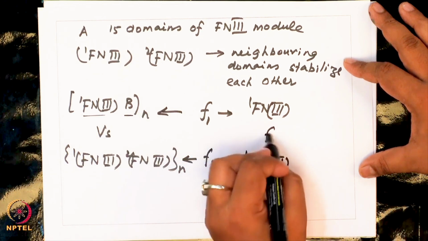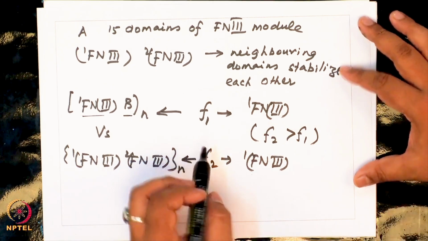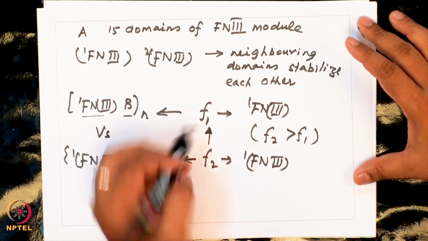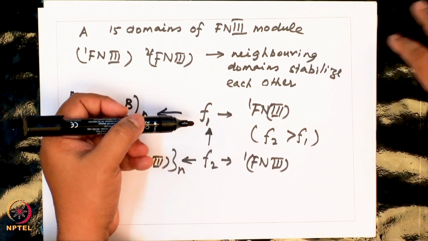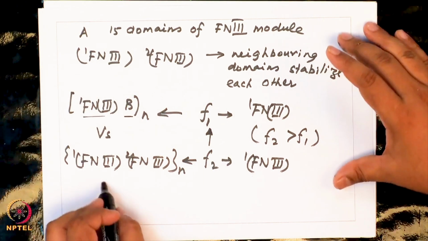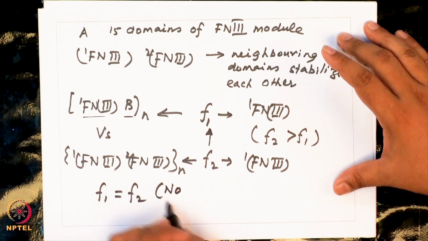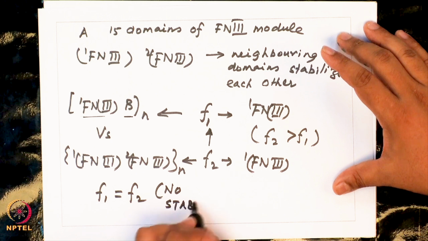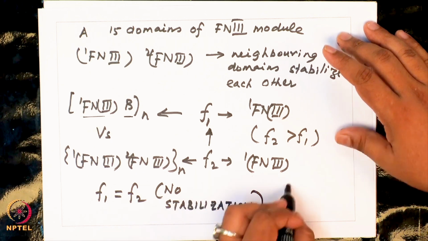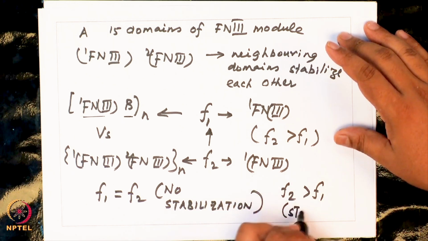You might see F2 is greater than F1. So, if there is a stabilization by neighboring domain, you might see the F2 force that you measure to be greater than this F1 force. Versus if there is no neighboring interaction, then both F1 equal to F2 is what you will get. So, this is no stabilization, and F2 greater than F1 in the case of stabilization.